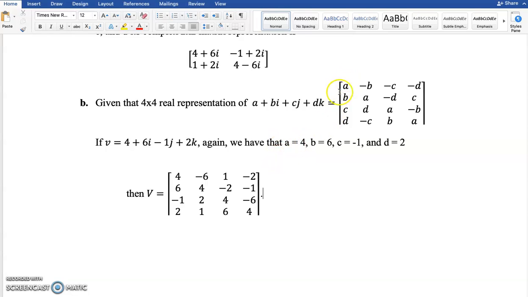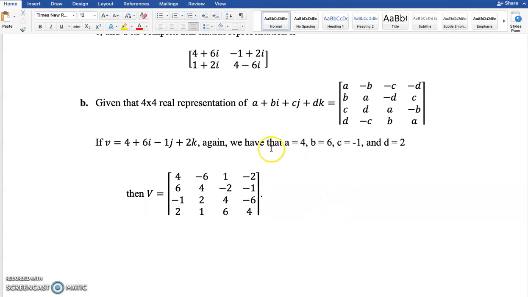We have that A is 4, negative B, so B is 6, so negative 6, negative C is negative 1, so negative C is positive 1, negative D is 2, so here is negative 2, B is 6, A is 4, negative D is negative 2, C is negative 1, C is negative 1, D is negative 2, A is 4, negative B is negative 6, D is 2, negative C is 1, B is 6, and A is 4.